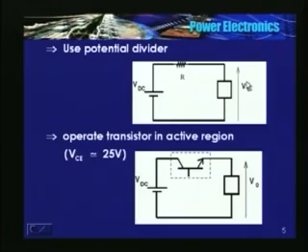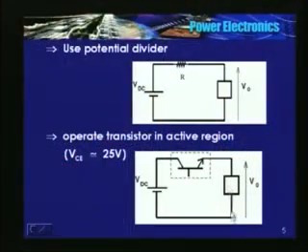Second case is I will use a transistor, connect it in series. Input is 30, output I require is 5 volts. Somehow I have to operate the transistor in such a way that the voltage across it is 25 volts.